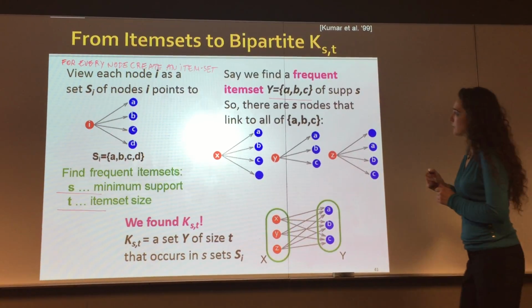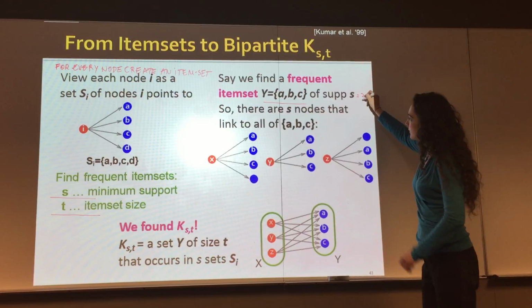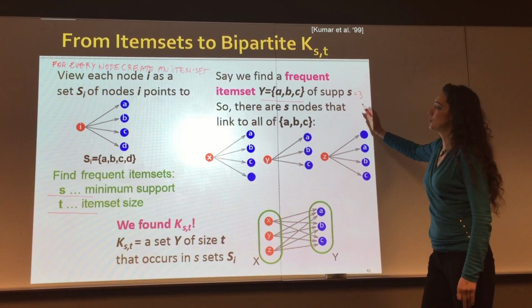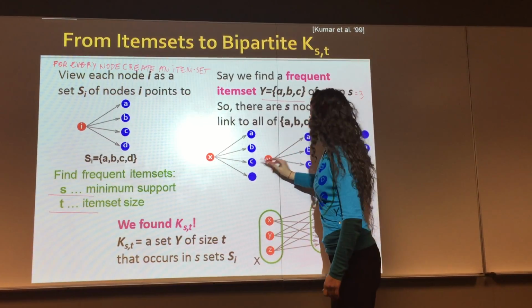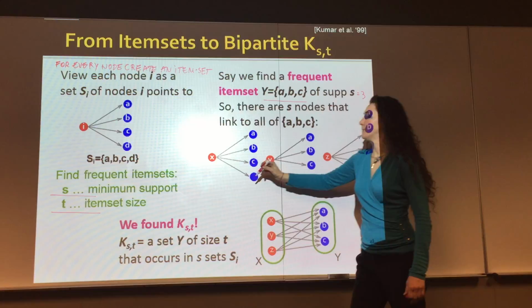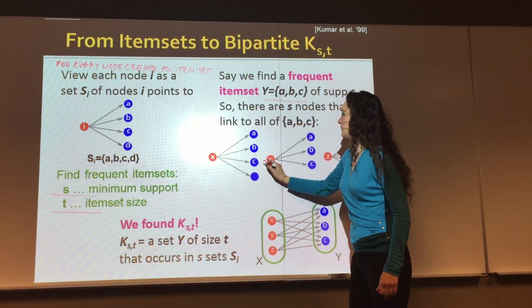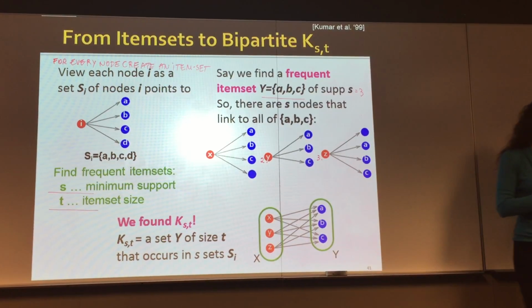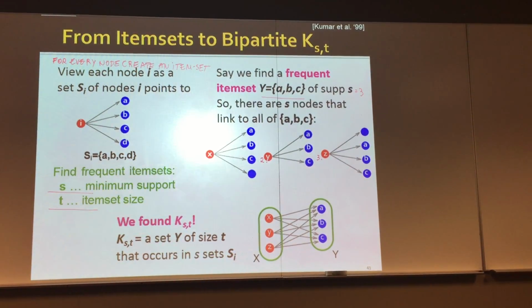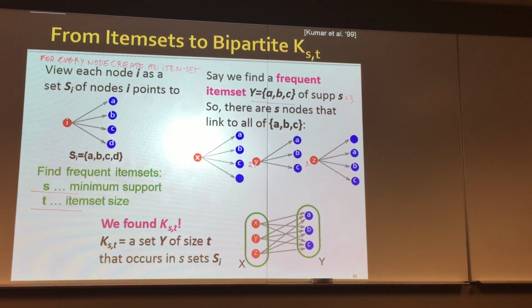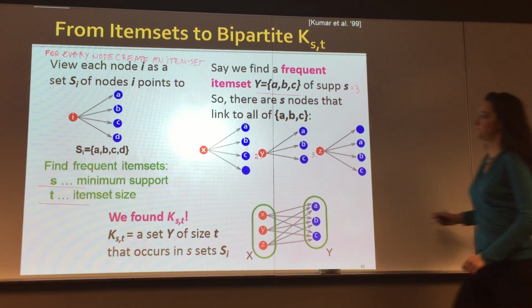So if the support is equal to 3, it means there are 3 nodes altogether that point to ABC. So X is one of them that points to ABC, Y is another one, and Z is another one. So there's 3 of them. There are at least 3 other nodes that point to ABC as well.